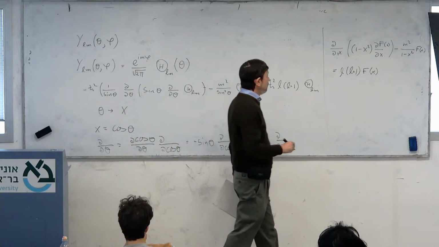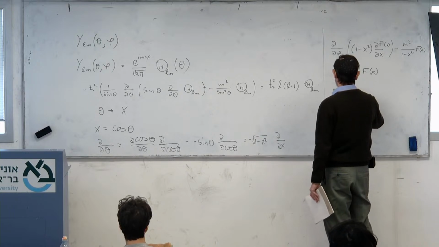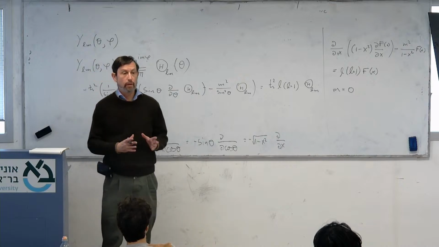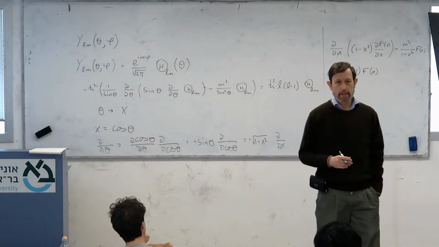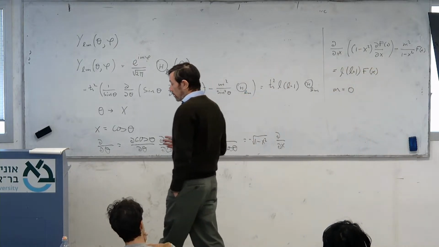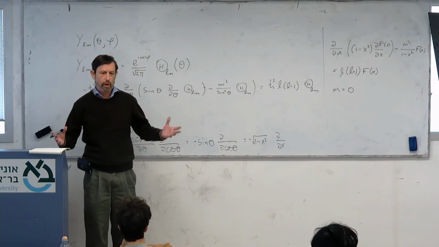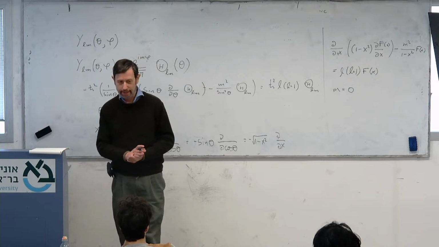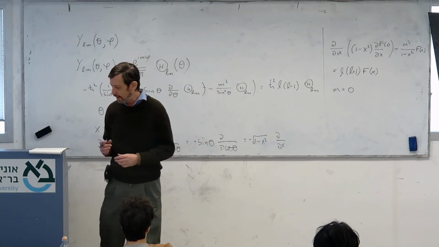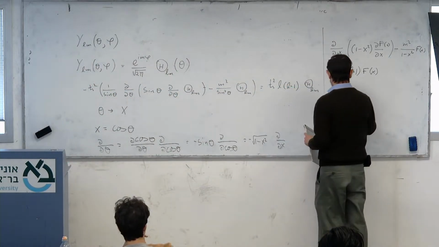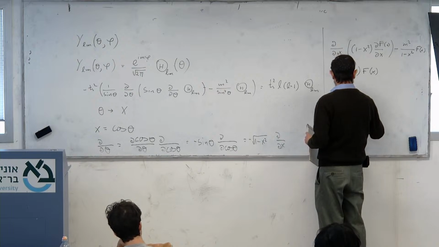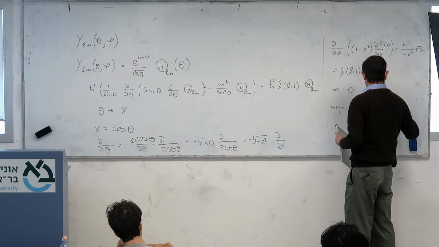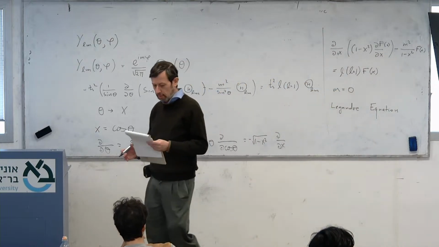Now, for the case m equals 0, this is a well-known differential equation, goes back to the end of the 18th century and the first part of the 19th century, where you had this whole school of French mathematicians that went and solved a lot of differential equations, and this is the Legendre equation.